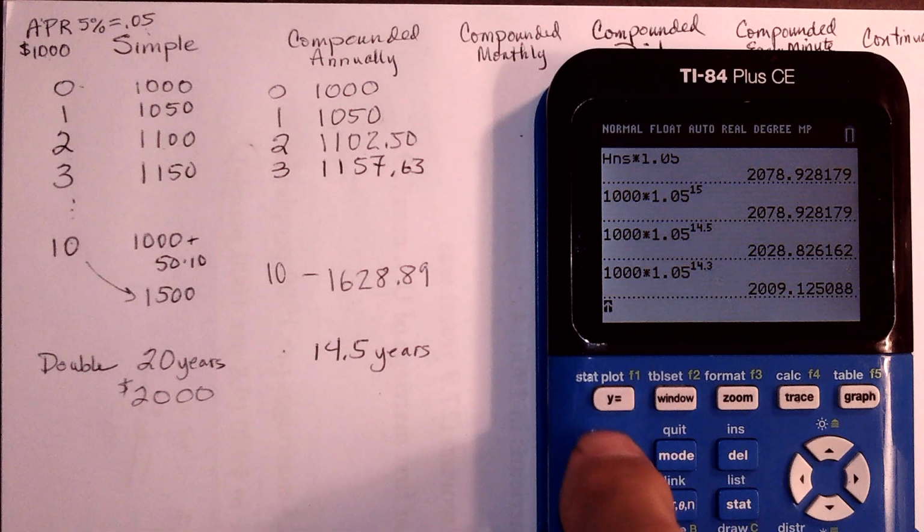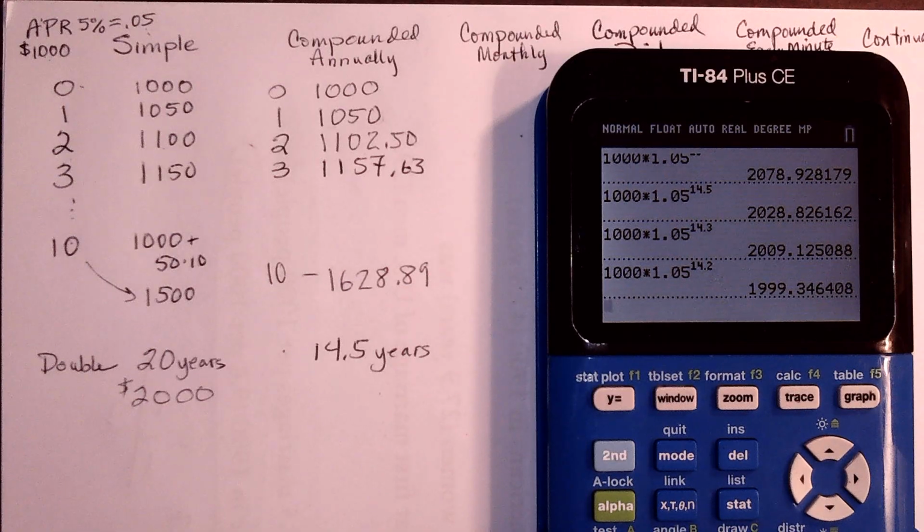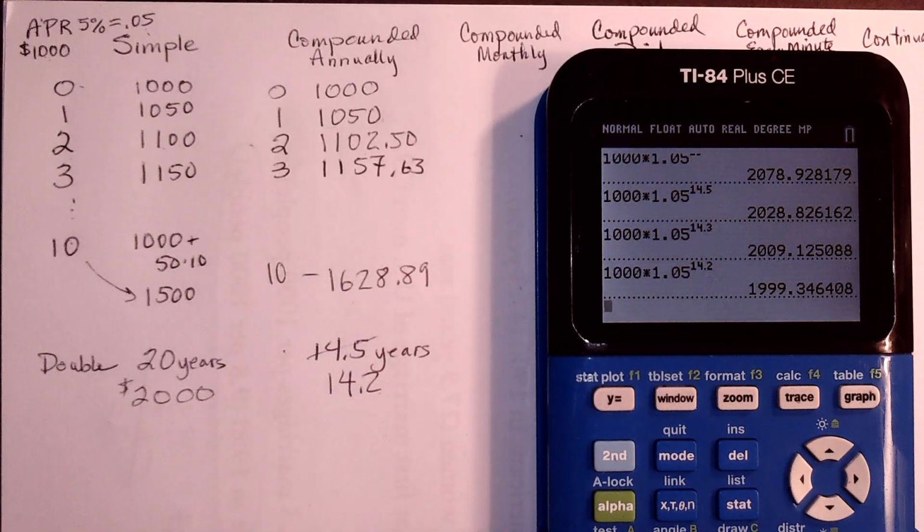I'll bring it back, and I'll change it to 14.2. That's really close to double. It's only 65 cents off. So it takes about 14.2 years to double.